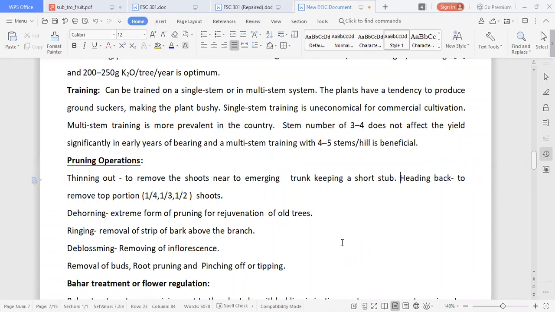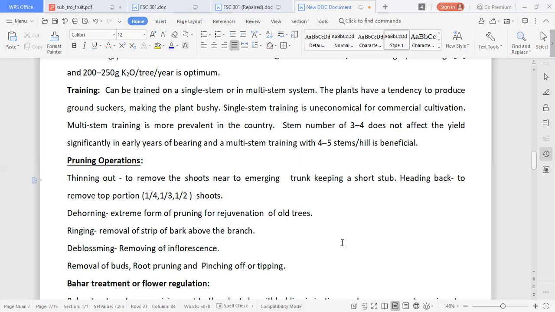So here you keep a limited number, as they do in mango or sapota. There is natural flower thinning by the tree itself. Likewise here there is no natural thinning, but we need to do it when there is an excess number of flowers. This is known as deblossoming, or flower thinning, or fruit thinning also in some other fruit crops.